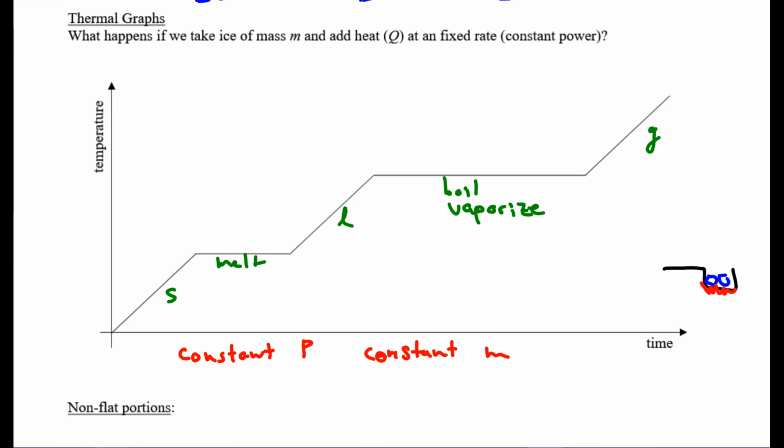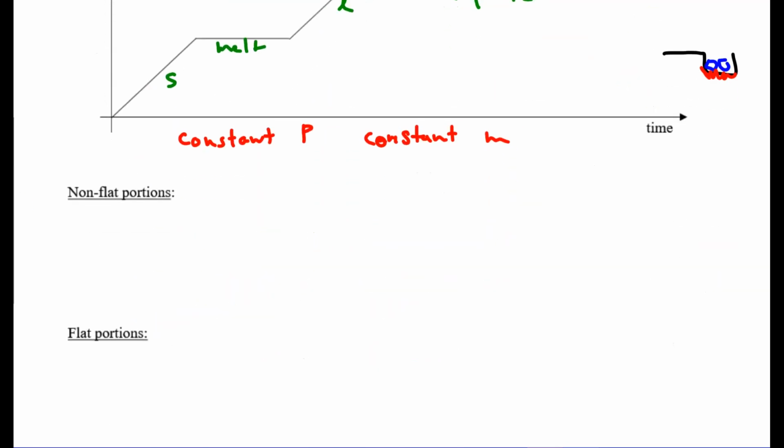And the question I want to ask is, what does the steepness of these sections tell us? Here's specifically what we're going to look at. And you can make your guess. Which line indicates higher specific heat capacity? The red or the purple?